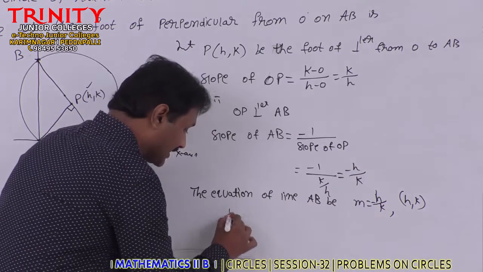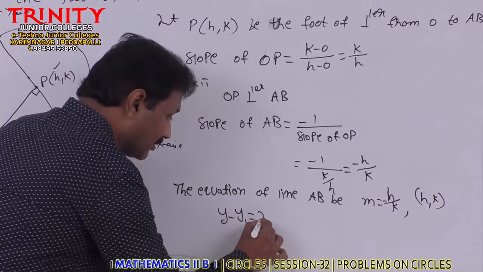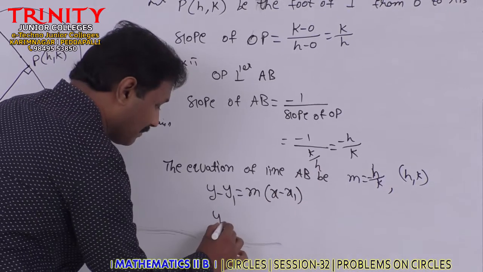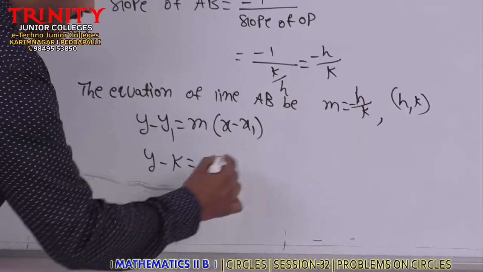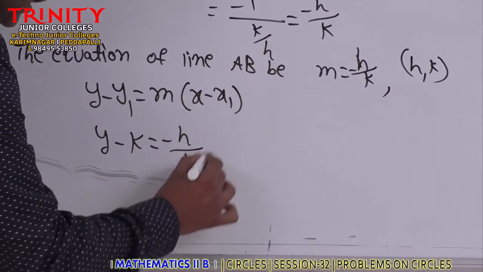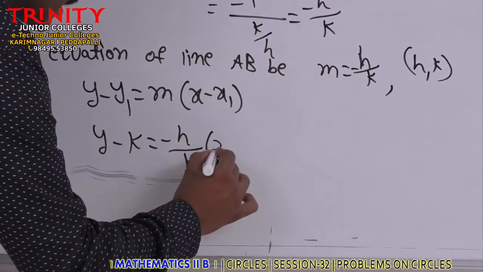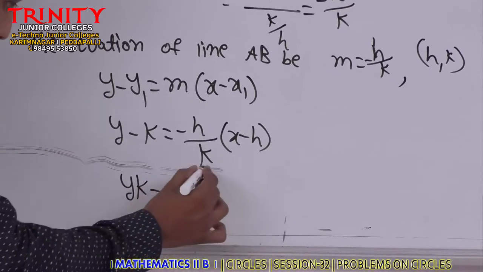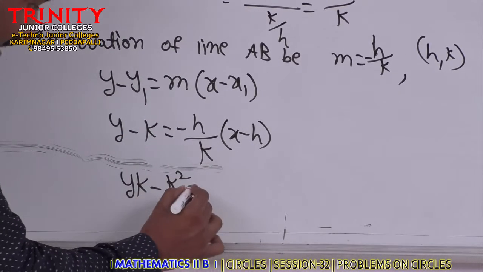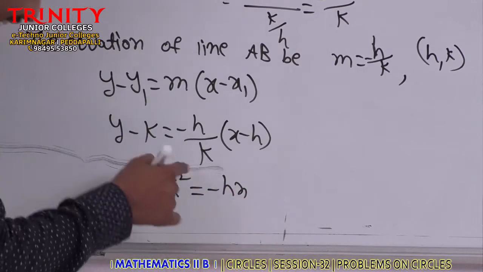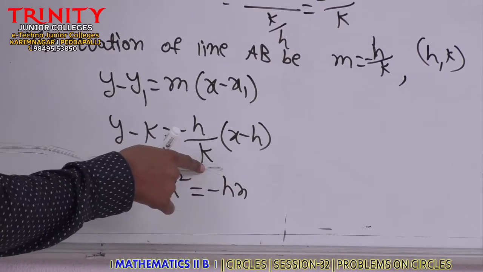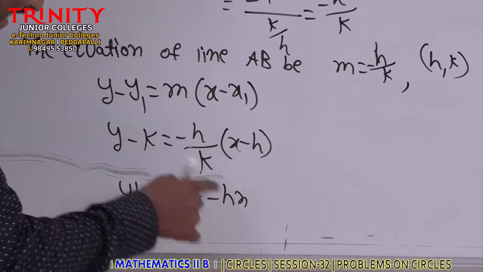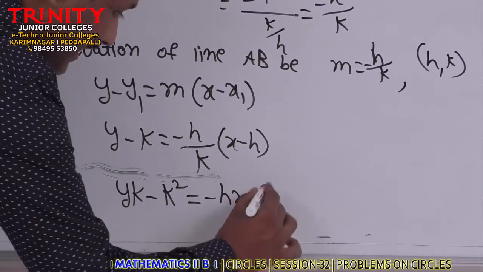Therefore, this equation is y minus y1 equal to m into x minus x1. So y minus k equals minus h by k into x minus h. Cross multiply: k into y, yk minus k square equals minus hx plus h square.